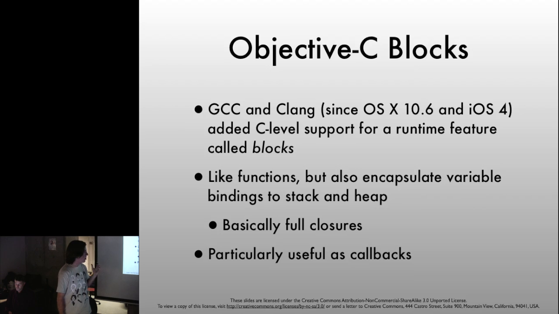And they're often used as callbacks, and a lot of the built-in API functions that Apple provides expect as input one of the parameters to be a block. So the idea is that you can just specify a block of code to be called whenever the function wants to call it.